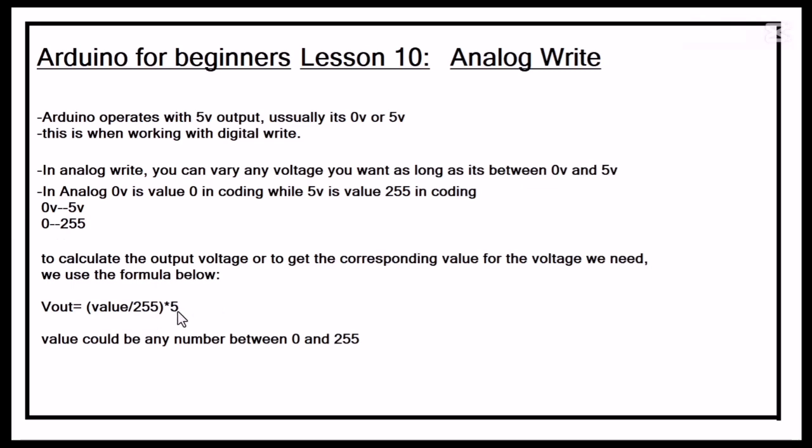And there we have our output value. We can put any number between 0 to 255. So what I'm saying is you can create an output voltage of 3.3, 2.5, whatever value you want while using analogWrite.